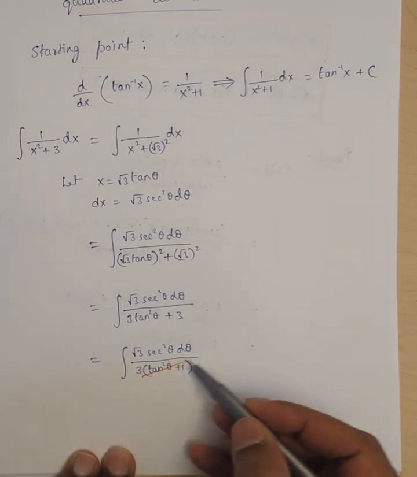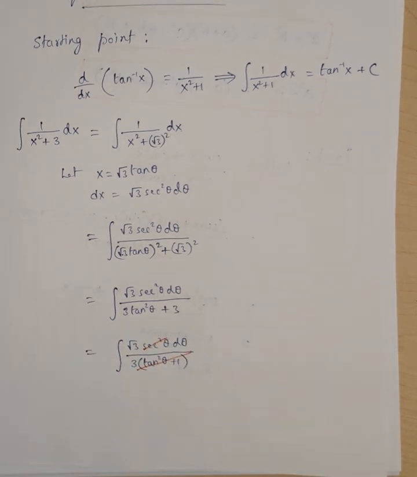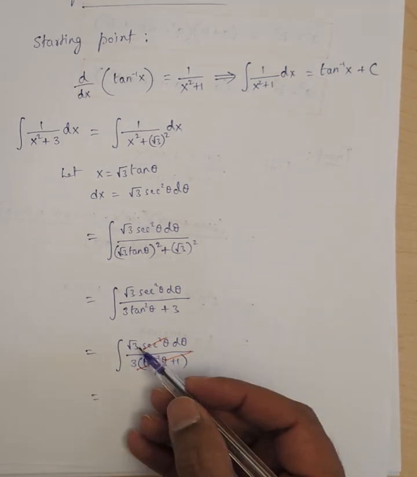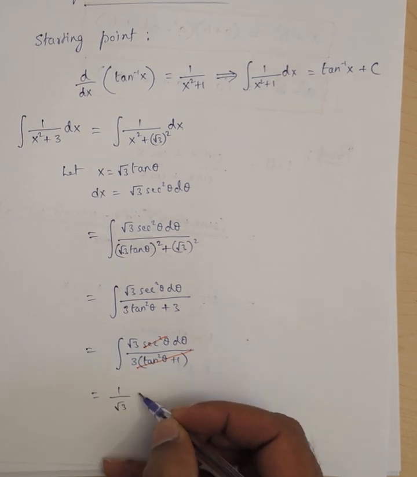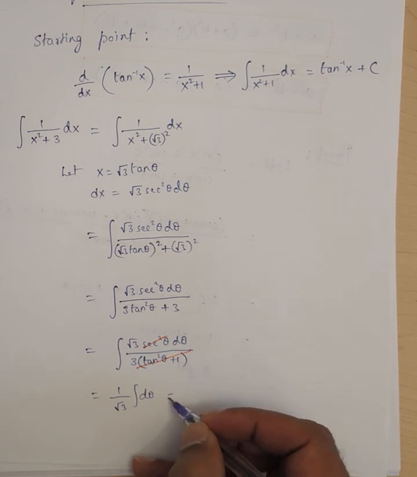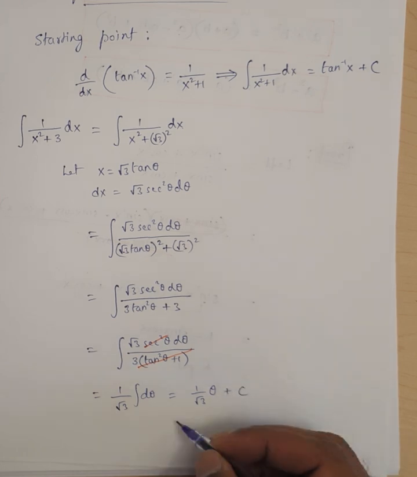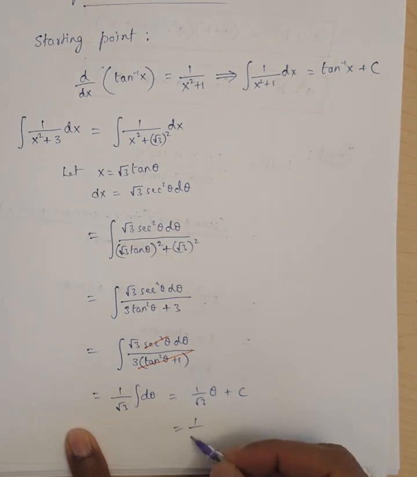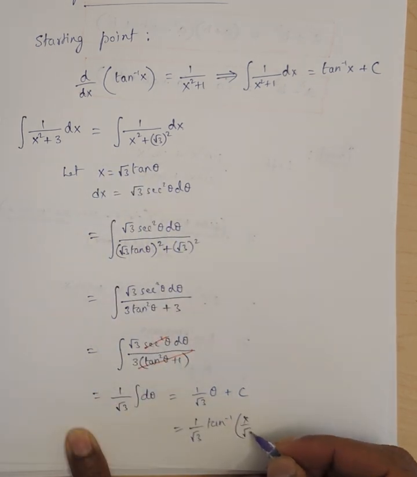So we can cancel this secant squared theta with tan squared theta plus 1, and then this simply happens to be, so root 3 over 3, I can simplify that as 1 over root 3, integral d theta, so that becomes 1 over root 3 theta plus c, and theta is simply 1 over root 3 tan inverse x over root 3 plus c.